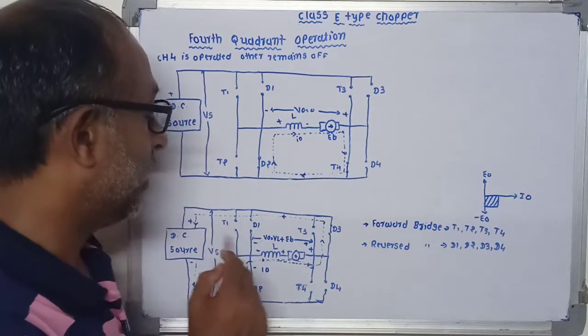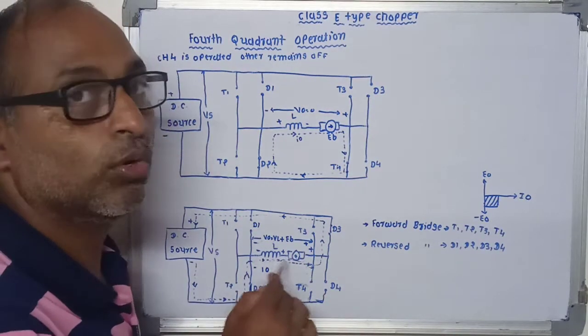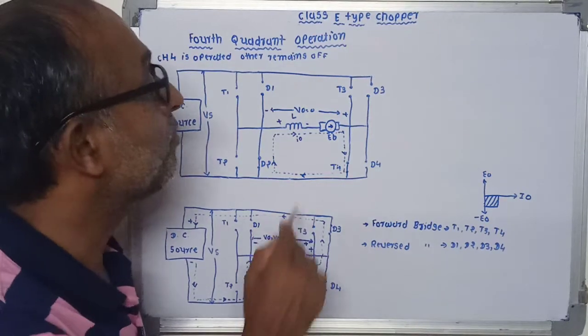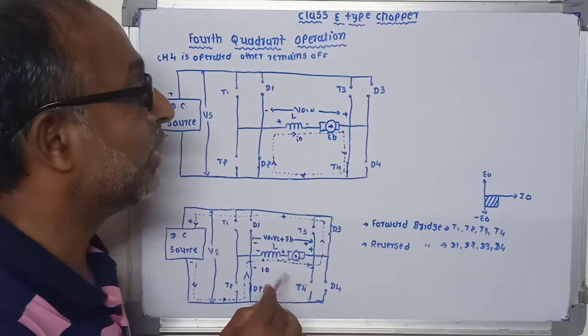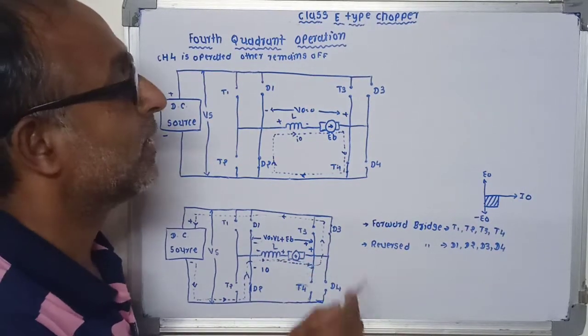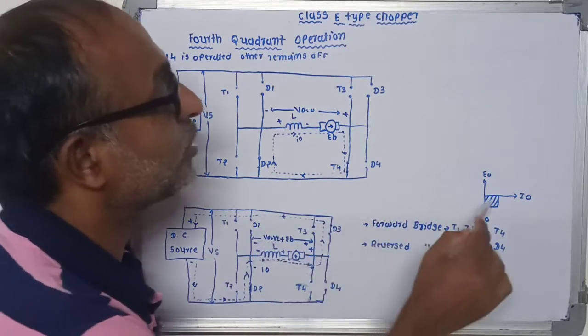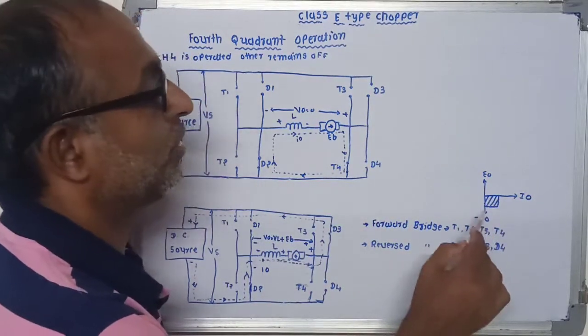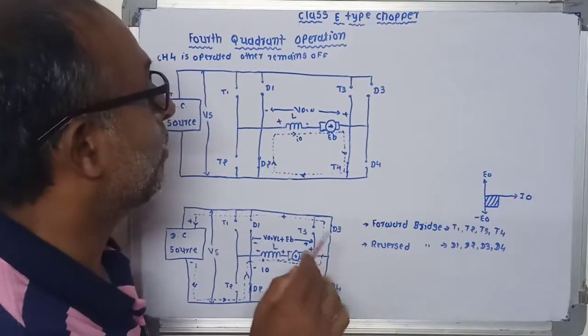That means the output voltage is reversed and the load current is positive. So in both cases your output voltage is negative while the load current is positive. That's why this type of operation or circuit is operated in the fourth quadrant, where output voltage is negative and load current is positive.